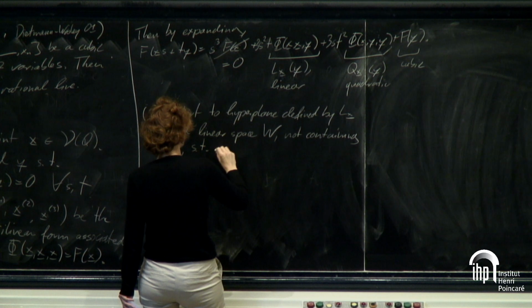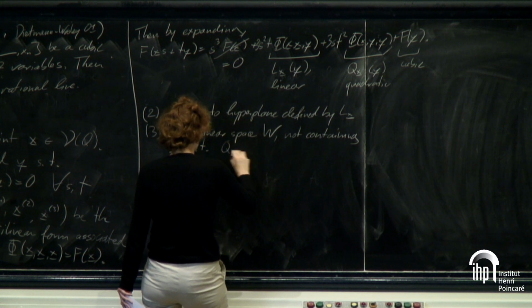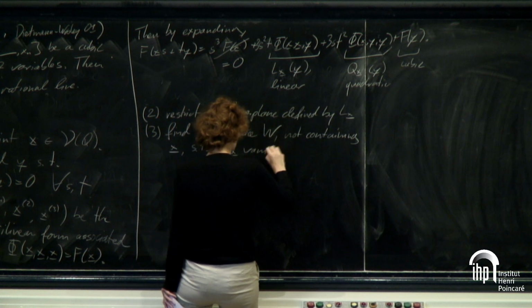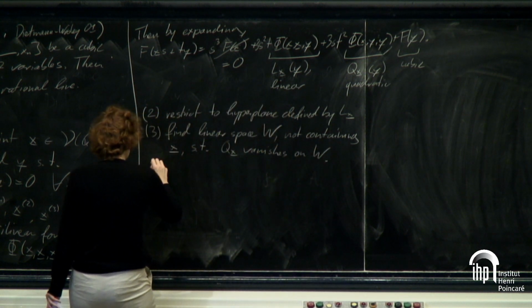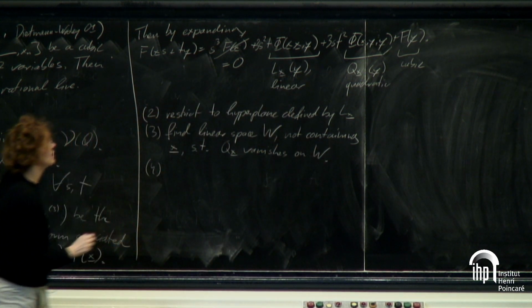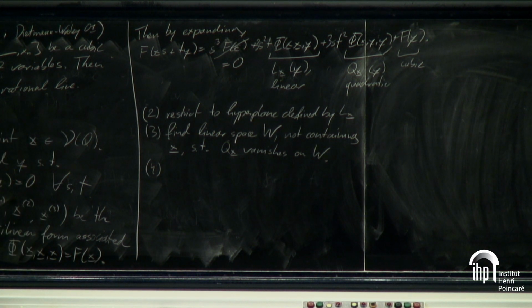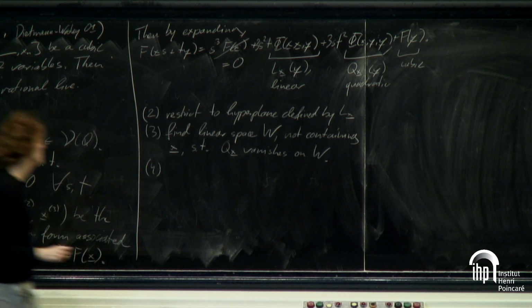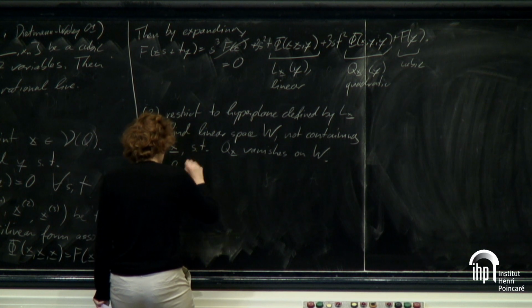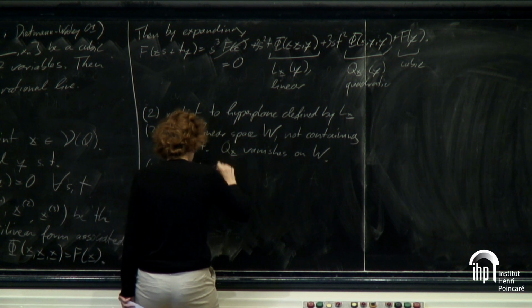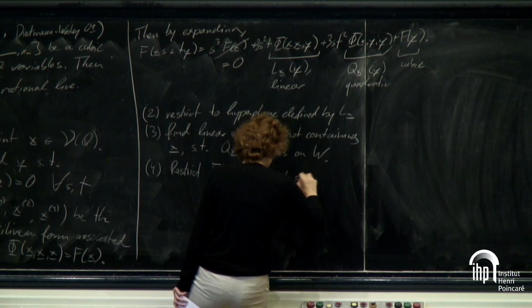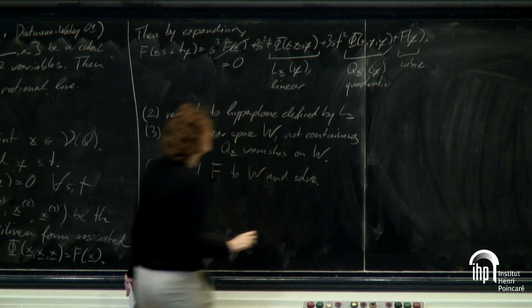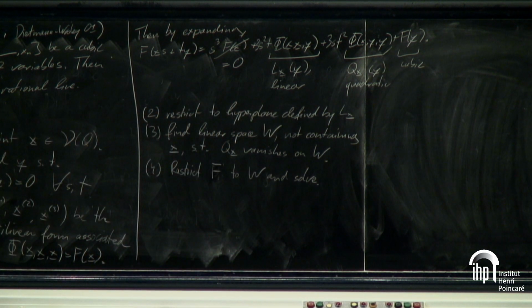Such that Qx vanishes on W. And the fourth step would then be to restrict the cubic to that linear space and solve.